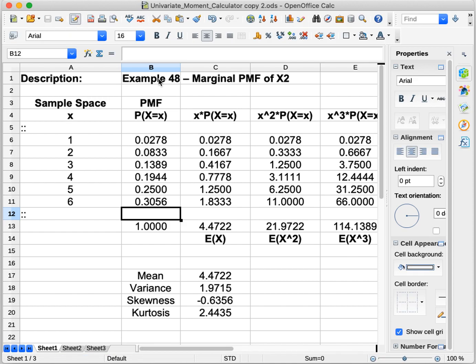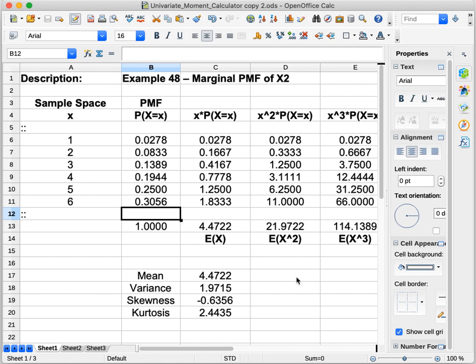And so when we enter those values, then everything is automatically calculated. The mean of this distribution is 4.4722. The variance is 1.9715. The skewness is negative 0.6356, and the kurtosis of the marginal distribution of x2 is 2.4435.